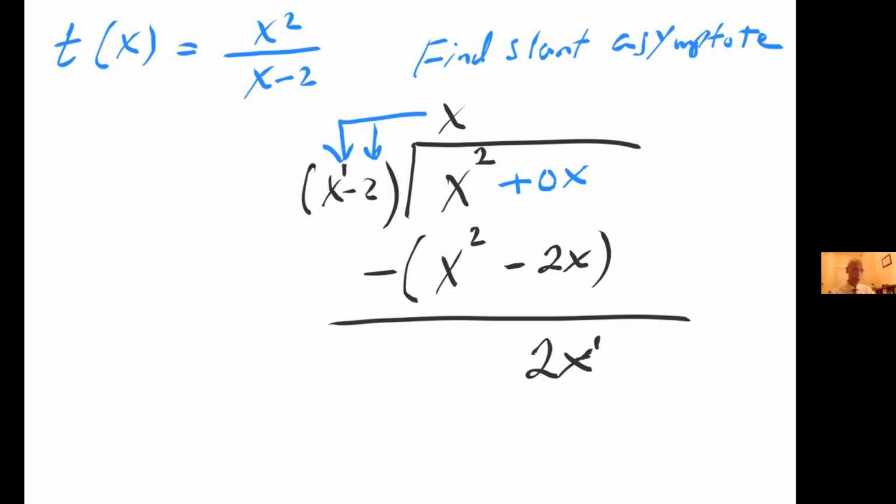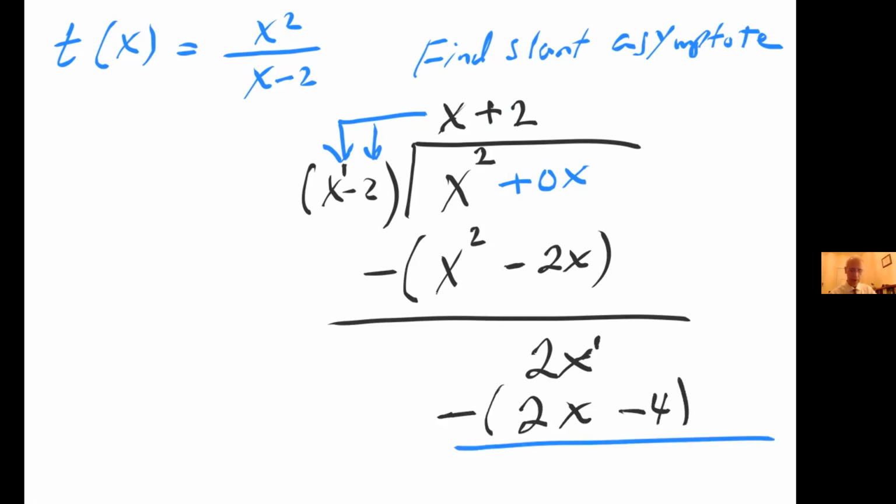So I have to continue. How about if I put plus 2? 2 times x is 2x, and 2 times negative 2 is negative 4. If I subtract that, 2x minus 2x is nothing, and negative times negative is positive. So the remainder is 4, and we said that we ignore the remainder.